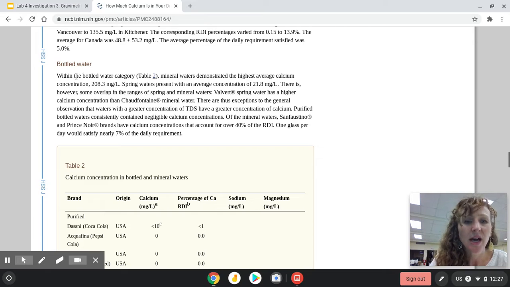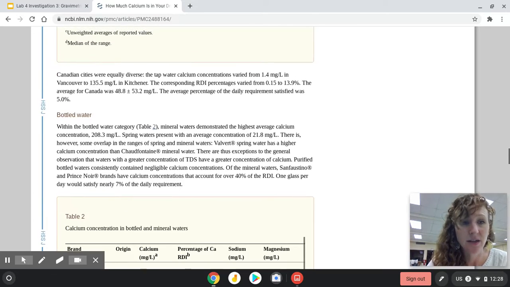So for bottled water, the highest average calcium is 208.3 milligrams per liter. Notice that they're measuring calcium in density because it's convenient for them, whereas we are going to usually measure calcium in molarity because that's convenient from a chemical reaction standpoint.